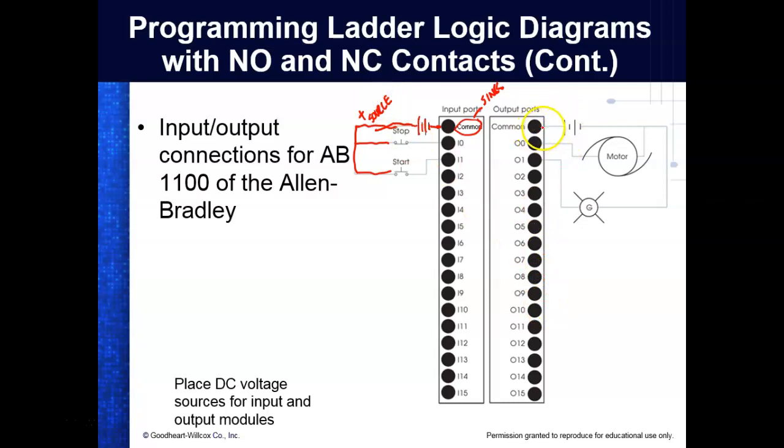Now on this one over here, I've got the positive coming into the common on my PLC. I've got it wired. So that means the actual output ports are set up to do what? Source. So I'm going to come over here on this one. All my output devices are going to connect to this common right here. This is minus, so these output devices have to be designed to sink, right? That makes sense?